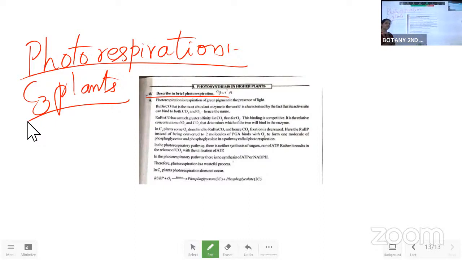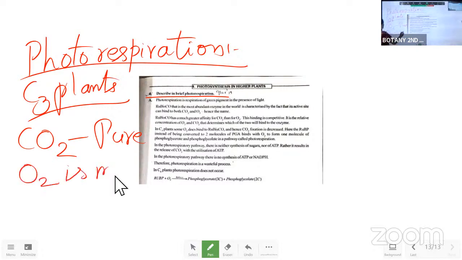Why? Because to do photosynthesis, they need pure carbon dioxide in a high concentration. Without that, they cannot start photosynthesis itself. So whenever the oxygen quantity is more, carbon dioxide will be less in the outside atmosphere. At that time, they will start photorespiration instead of photosynthesis.